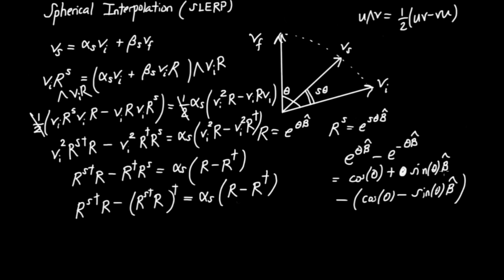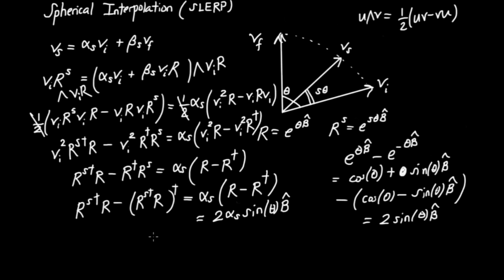And I have sine theta times b hat minus sine theta b hat, which is simply 2 times sine theta b hat. So let me add that to the right-hand side here. So this is actually going to be 2 times alpha sub s sine theta times b hat.